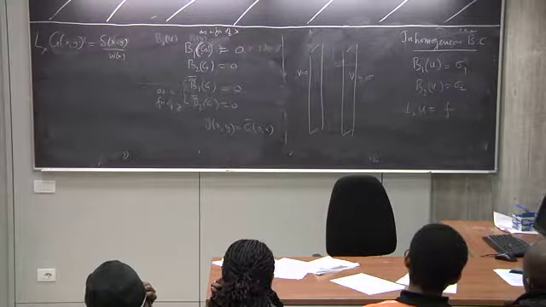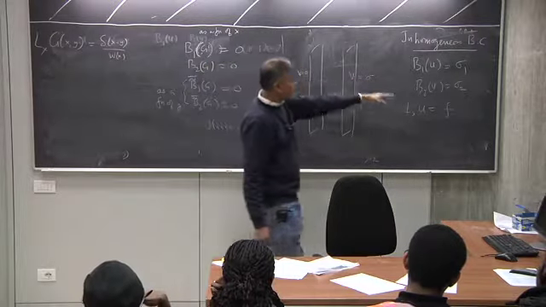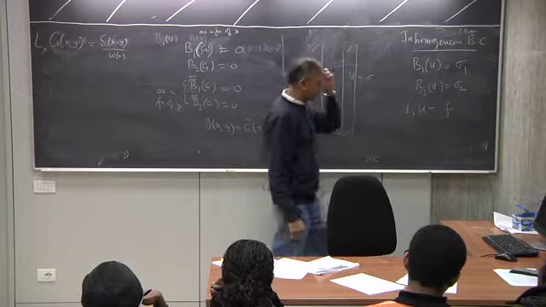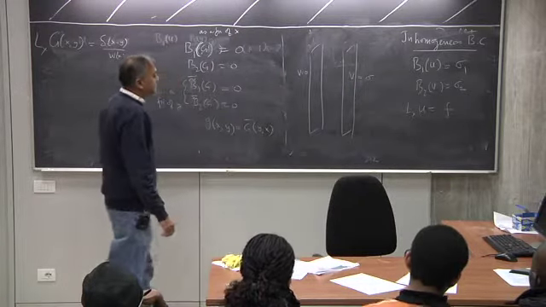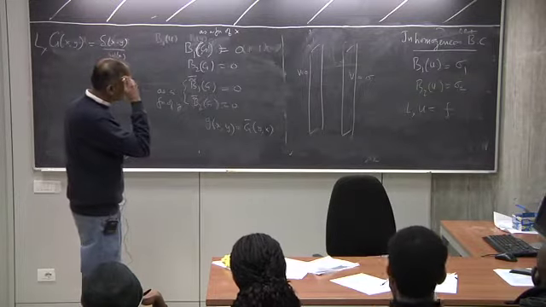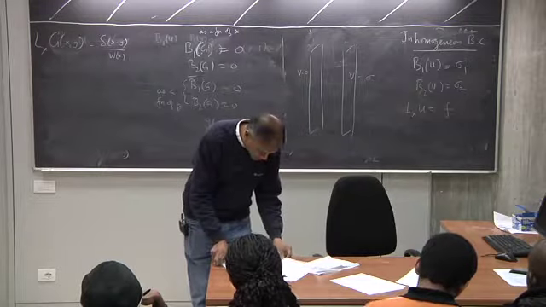These are all homogeneous, but nevertheless, using this Green's function, we can solve for this equation. That's the idea here. Okay, so let me write down the solution and show you.